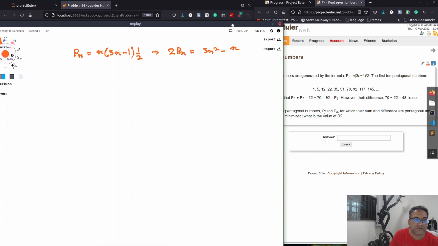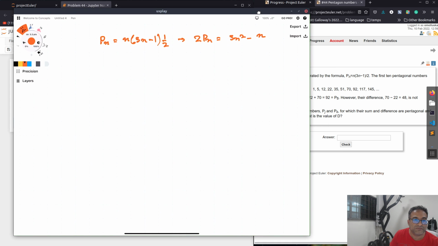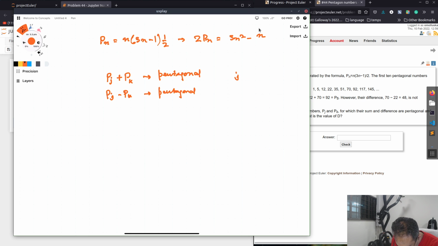So now we want to find two values, Pj and Pk, where Pj plus Pk is pentagonal, and Pj minus Pk is also pentagonal, and obviously j has to be greater than k.